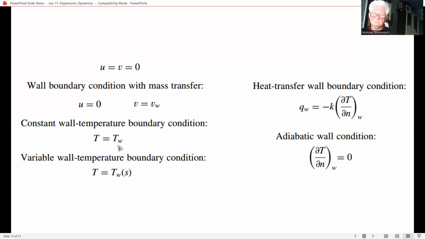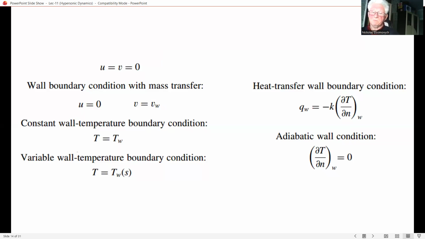As is more usually the case, the wall will not be at a constant temperature. If you know a priori the distribution of temperature along the surface, then our equation at the top is slightly modified as follows.